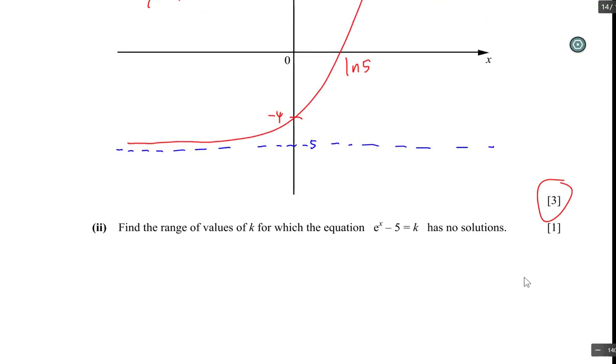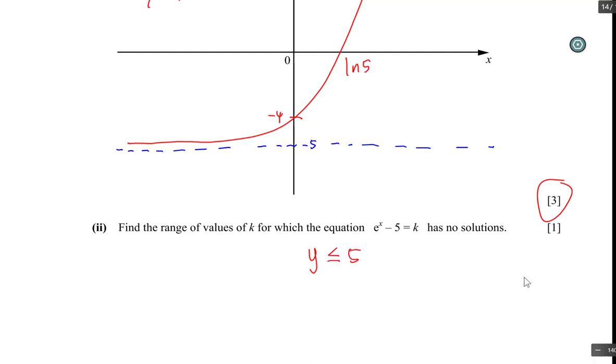Find the range of values of k for which e^x minus 5 equals k has no solution. Okay, so no solution means what? The e^x graph can never touch negative 5, right? Never touch negative 5, and any value below negative 5 will be no solution. So find the range, right? Y must be less than or equal to negative 5.